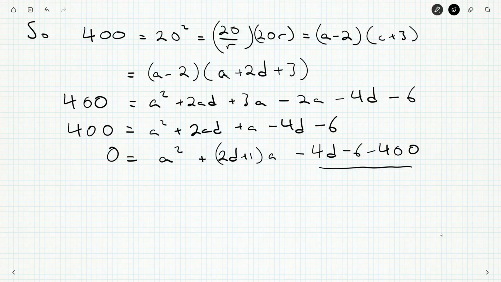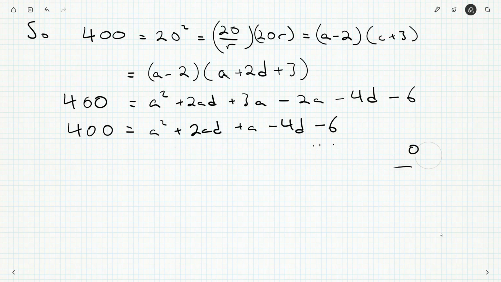Or should I rearrange it and solve for D in terms of A? I feel like I could solve for D in terms of A, and then I know A plus D is 20. So then I'd know A plus something in terms of A is 20, and I could probably just solve for A, and it might just be a quadratic there. I think that might be a better way to do it.